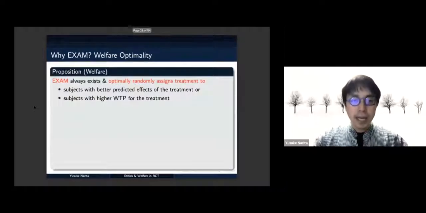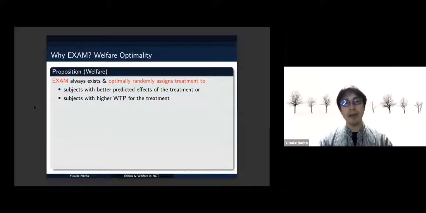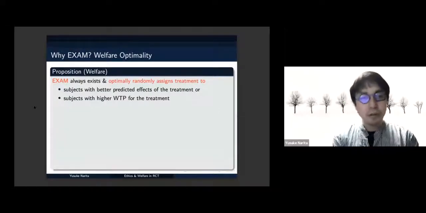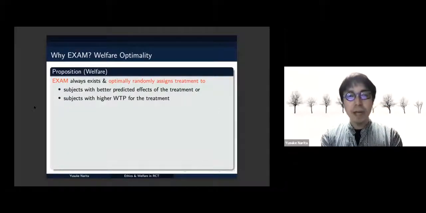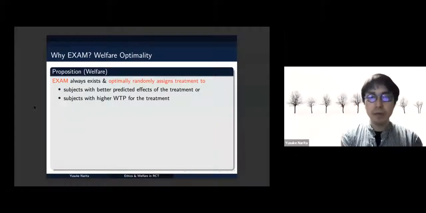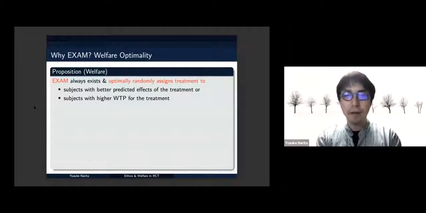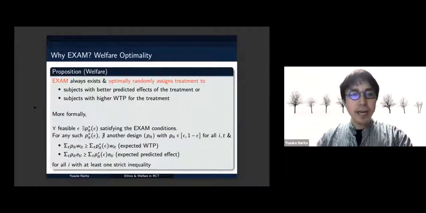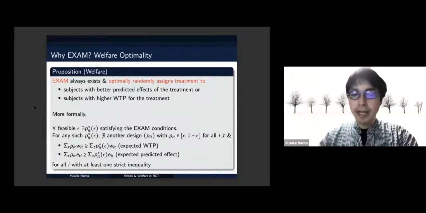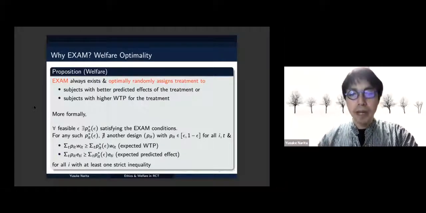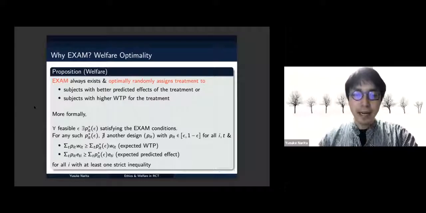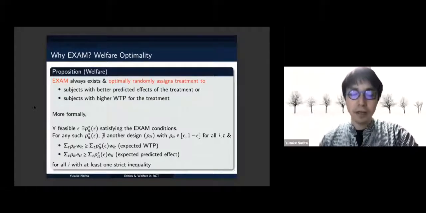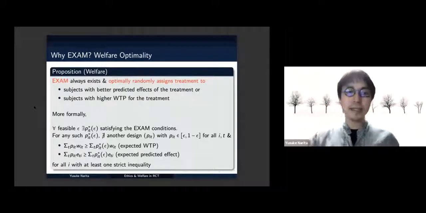What I mean by that is that exam optimally randomly assigns each treatment to subjects with better predicted effects of that treatment, or to subjects with higher willingness to pay for that treatment. More precisely, for any feasible choice of the epsilon parameter, there always exists a combination of assignment probabilities that satisfies all of the exam conditions. So some equilibrium existence result.